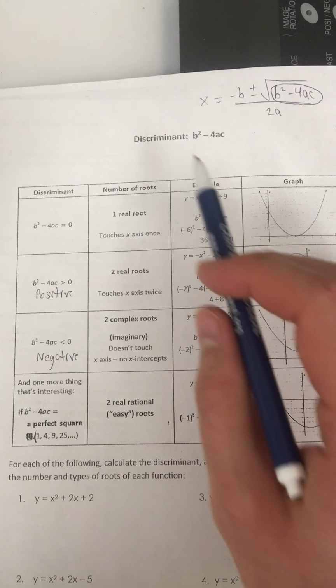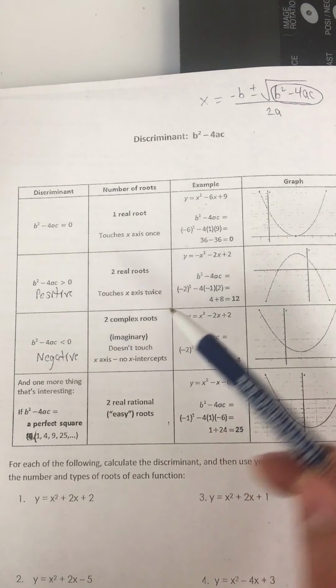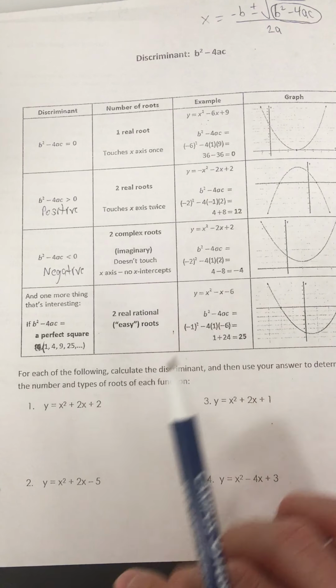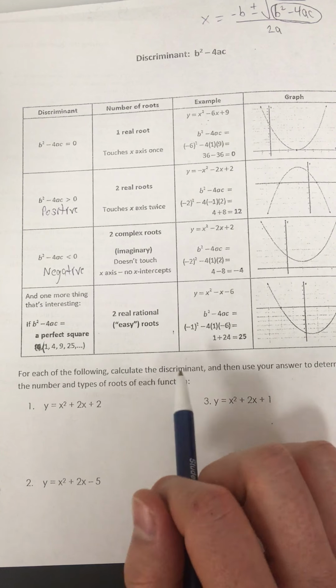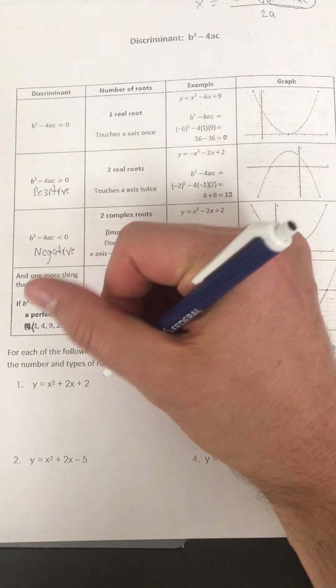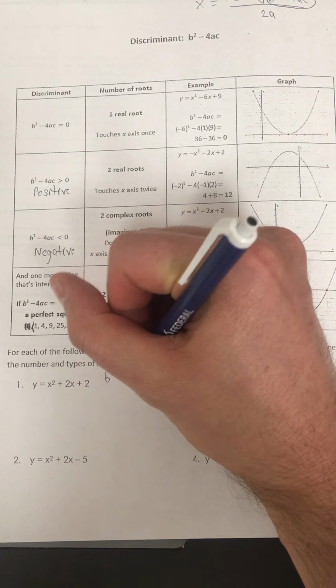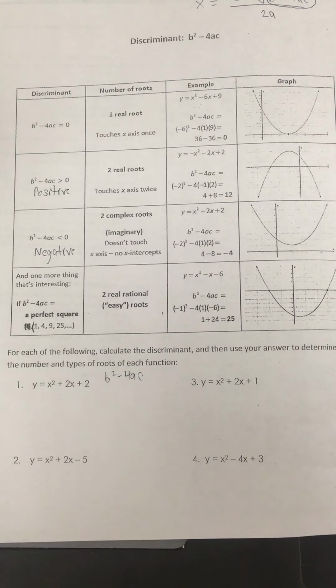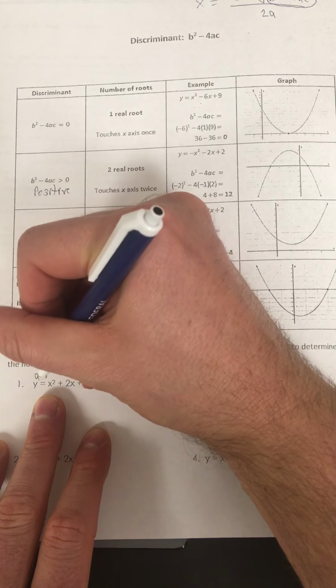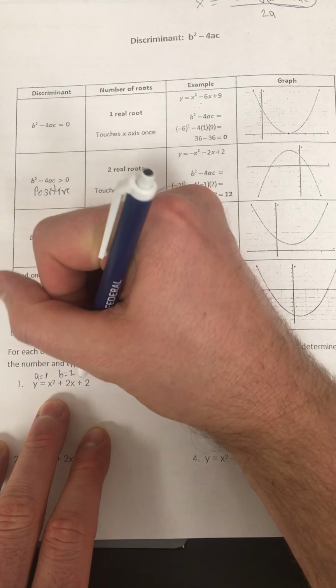All right, so again, this discriminant doesn't tell you what the answers are, but it tells you the type of answers you get. So for these down here, I'm going to find the discriminant, and then use that to determine the number and types of roots. So the discriminant, I'm doing b squared minus 4ac. In problem number 1, a is 1, b is 2, c is 2.